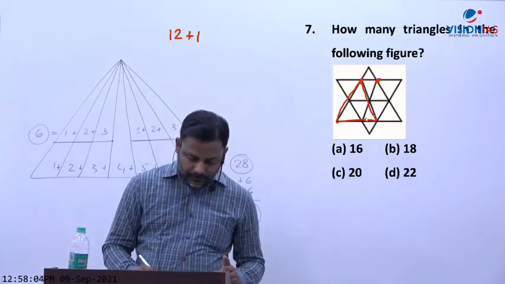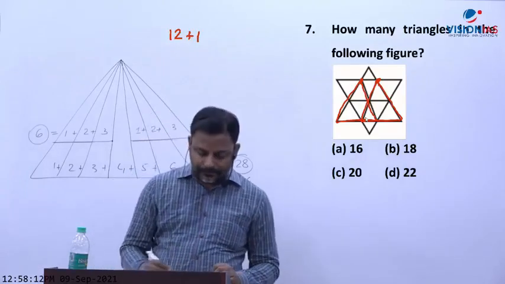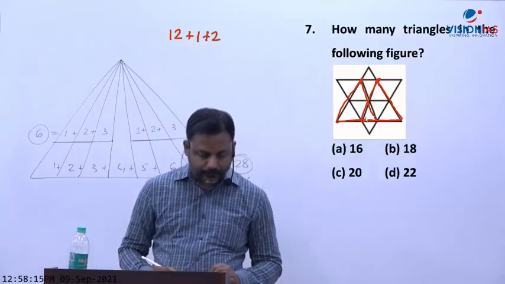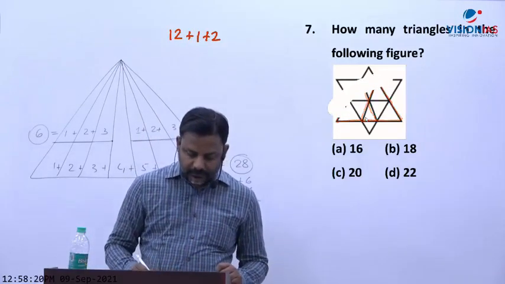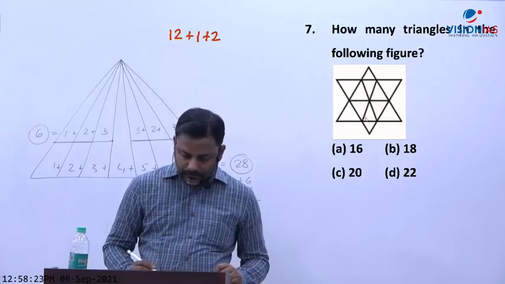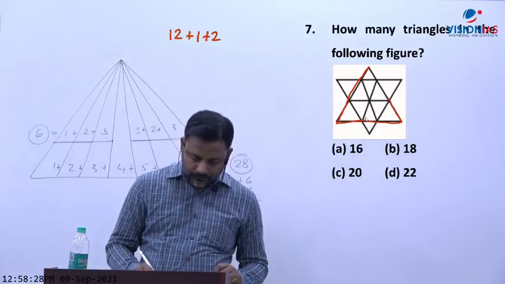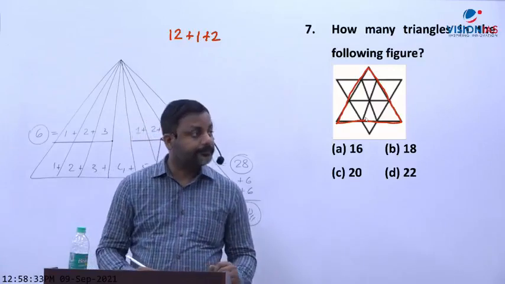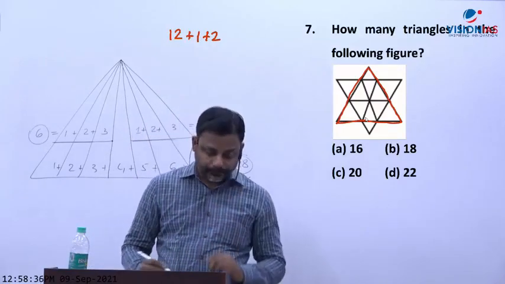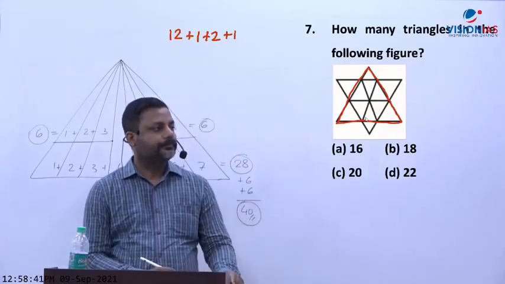And here also, from this point also, we are getting a triangle. So two triangles are there here. And see now, this triangle. So one more triangle is there.